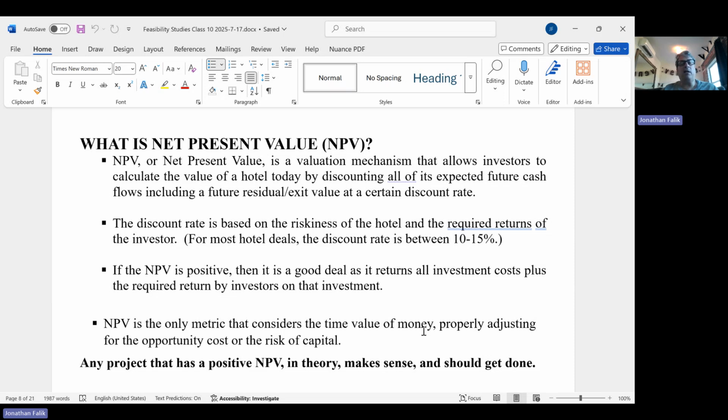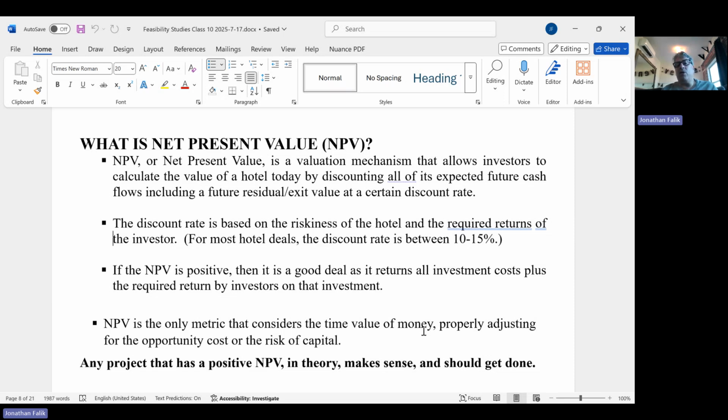We're projecting what our development cost is going to be and when we're going to spend that during the development period. We're projecting what the exit value and the exit cap rate will be at the end of year 5 of operations. We're assuming the discount rate, which is the rate that compensates us for the risk of the investment, our required rate of return, and we need to make sure we've factored that in the right way.